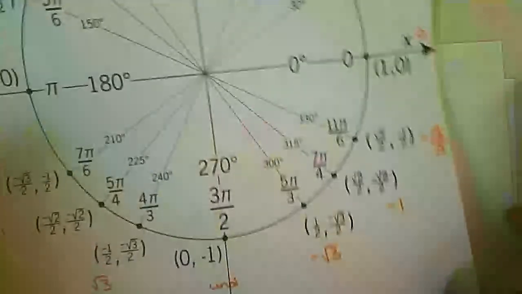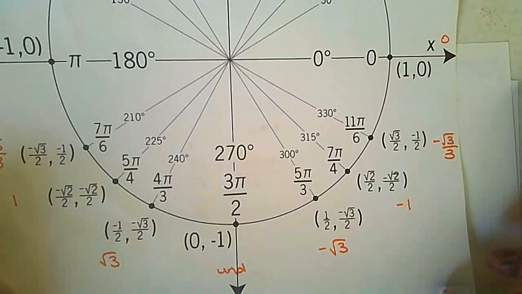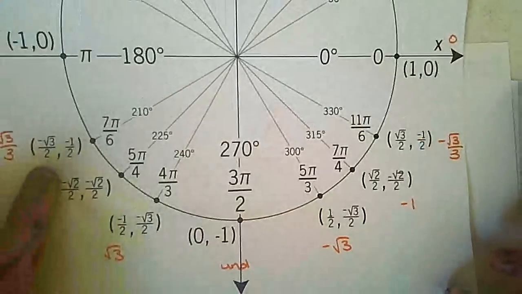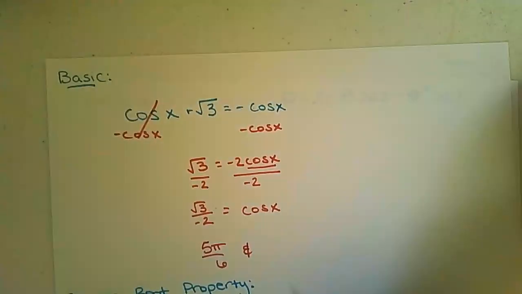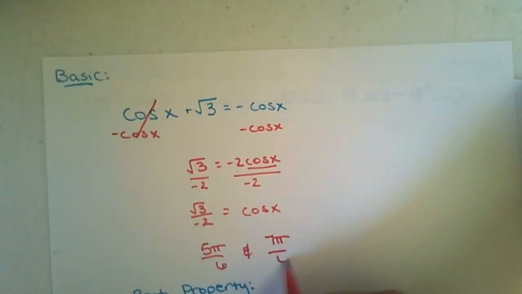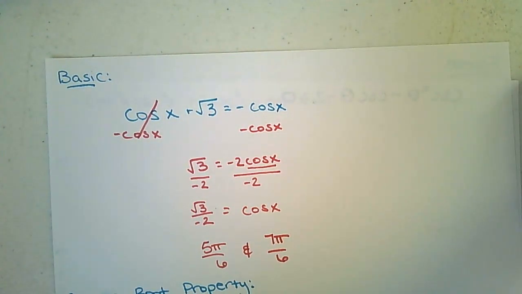And then there should be one more. The other place where our x is negative square root of 3 over 2 is at 7 pi over 6. And those are our two answers.